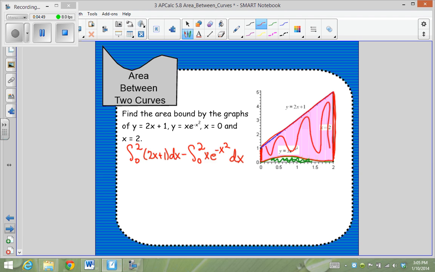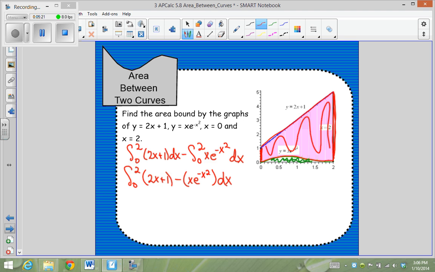Okay. Well, a lot of times what we do on these is to combine it into one. You can do it certainly in two separate integrals, but because they both have the same bounds, most of the time what we'll do is an integral from 0 to 2 of 2x plus 1 minus x e to the negative x squared dx. And basically, that's all there is to it.